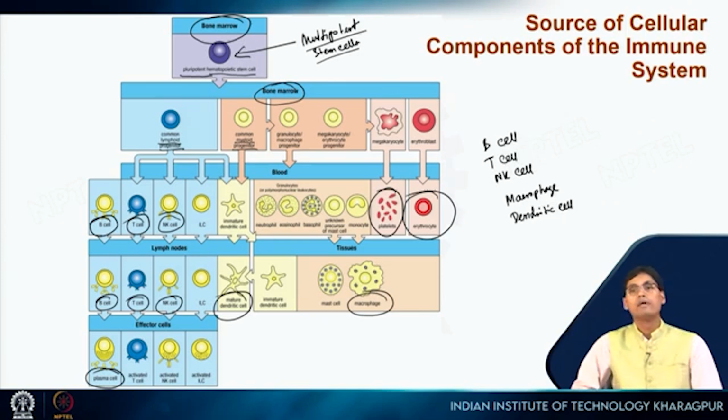These are very important immune cells. Other cells are also important, but without discussing these cells, I will not be able to explain innate and adaptive immune response. That's why. These macrophage and dendritic cells are particularly phagocytic cells, and the B cell, as I already mentioned, produces antibody. Later on we will learn all those things.